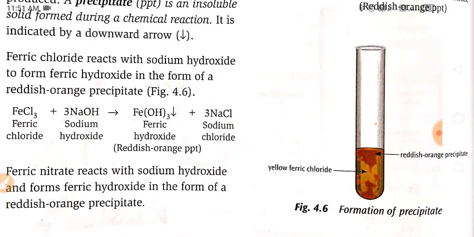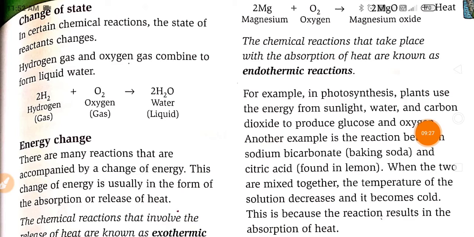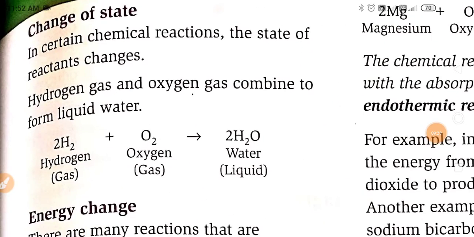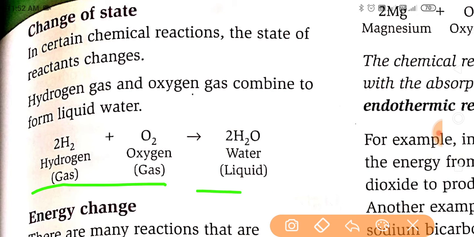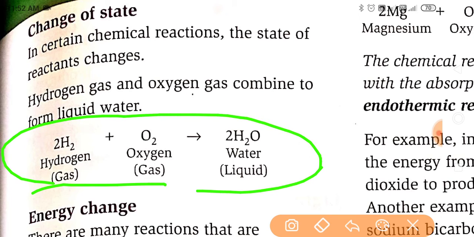We already read this. The next thing which can occur in a chemical reaction is change of state. In certain chemical reactions, the state of reactants changes. Hydrogen gas and oxygen gas combine to form liquid water. You can see that 2H2 plus O2 gives 2H2O.